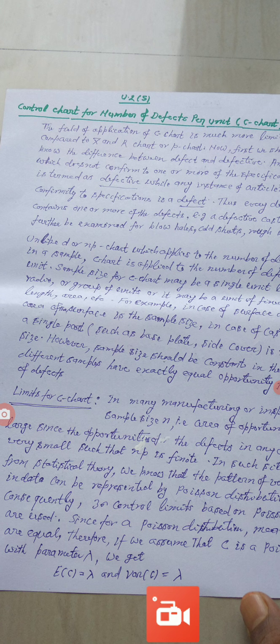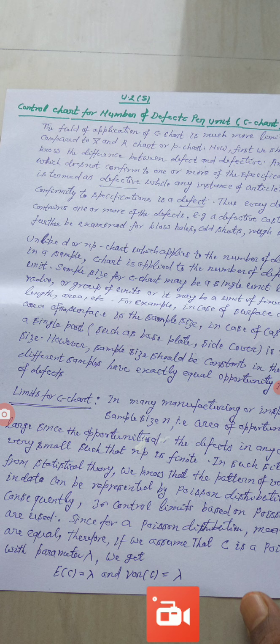An article which does not conform to one or more of the specifications is known as defective, while any instance of an article's lack of conformity to specification is a defect.